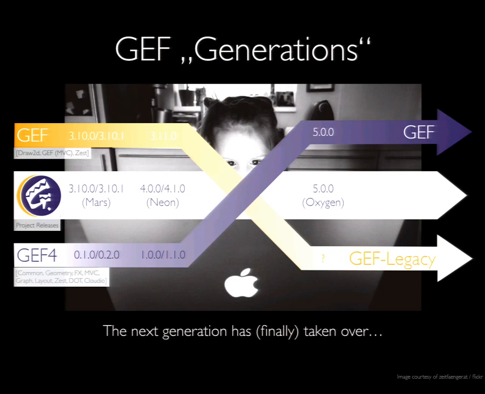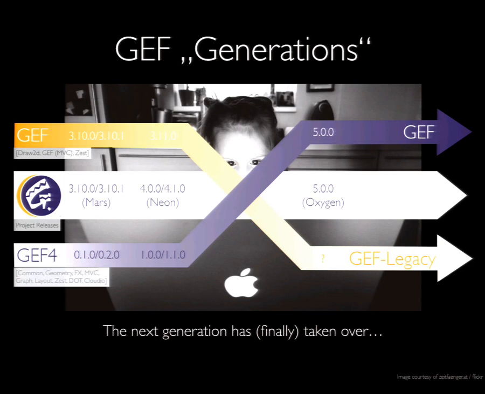So the Mars release was a 3.10 release, and it shipped GEF 3.10. We already included early snapshot releases of GEF 4 in that code base, but we graduated with Neon this year, and therefore we used 4.0 to refer to the Neon release, and that is why this title of the talk came up with .0.0.